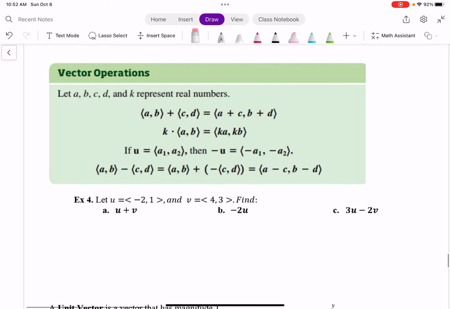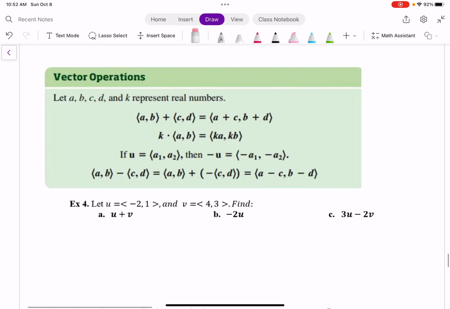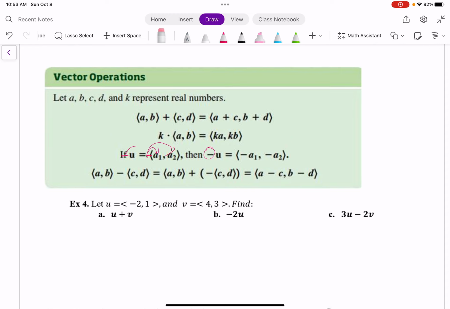If u equals a sub 1 comma a sub 2, then negative u is negative a sub 1 comma negative a sub 2. So I can distribute the negative sign inside the parentheses, and all the components become opposite.